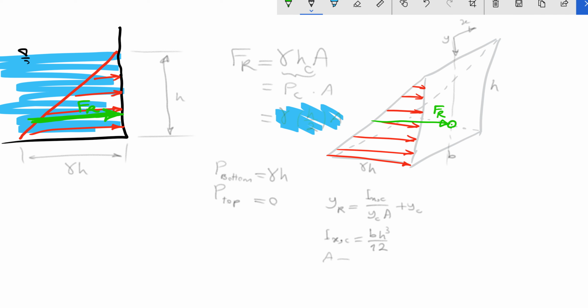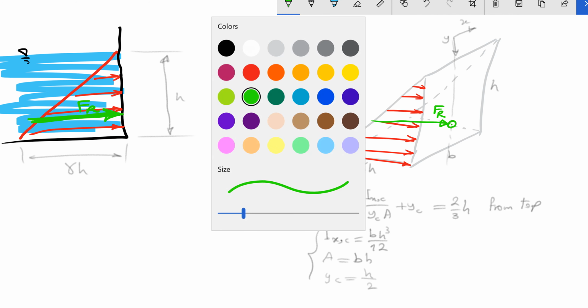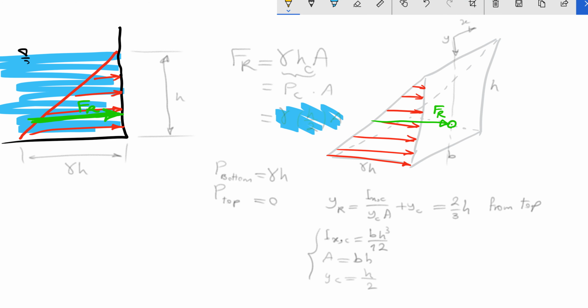Area is going to be b h. What else? YC is going to be h divided by 2. Now we have all the information. Plug in inside the formula and you are going to get 2 over 3 h from the top. So if I want to show you the position, from here to here is 2/3 of h, and from here to here, h divided by 3.